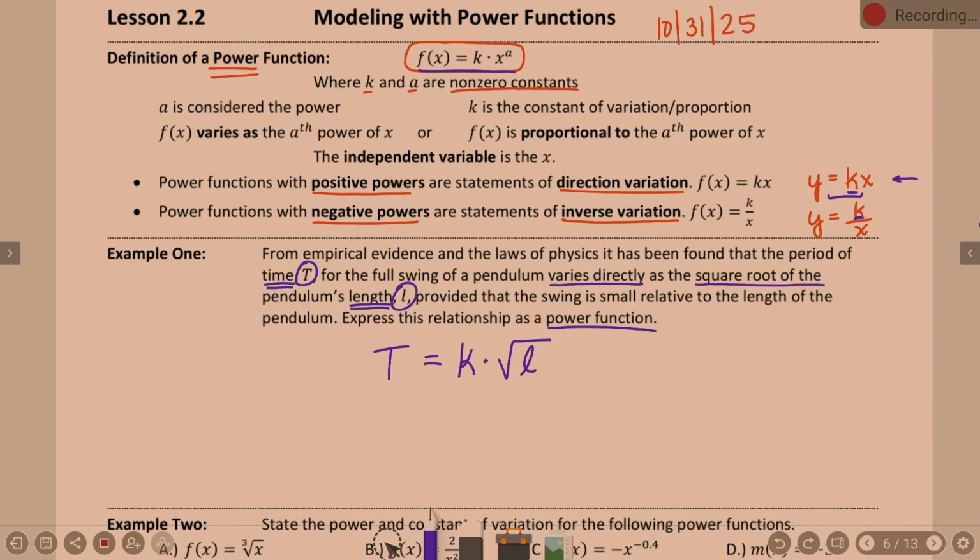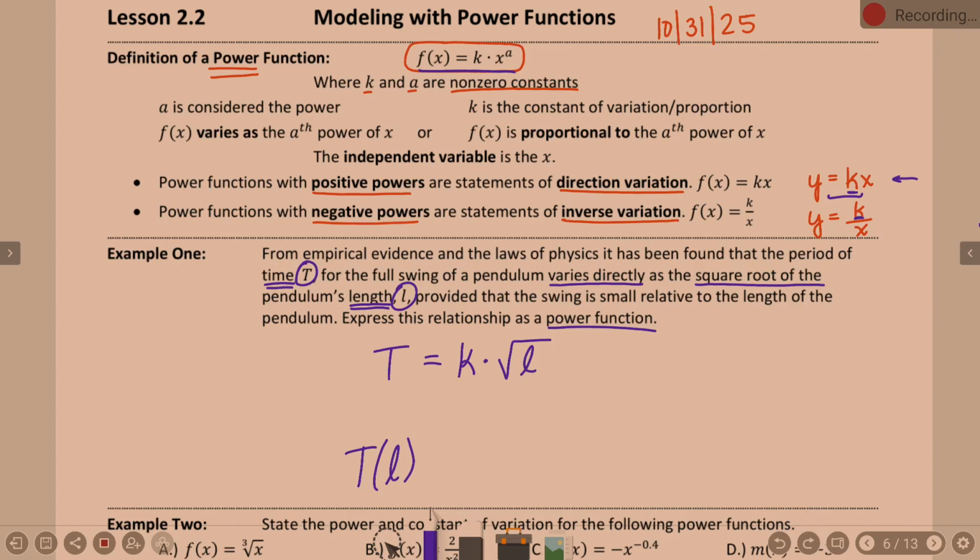The issue I want to talk about is the square root as opposed to a power. They gave me T and L, so what needs to stick in my answer? T and L. Technically this is the function T in terms of L. Could you do that? Yes. I'm going to say it's not necessary though.